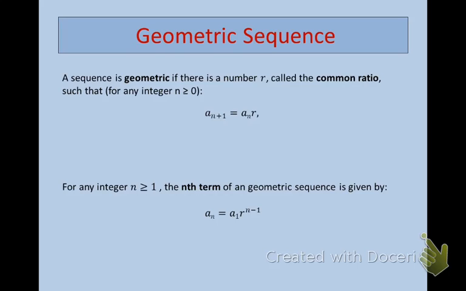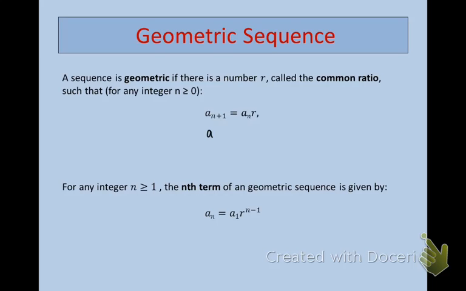So for the geometric sequence, this was the other one that we looked at, where there's multiplication to each term instead of addition. So the number that you're multiplying by is called the common ratio, and we label it by R. So whatever the number is that you keep on multiplying by, that's R. So recursively, we can write it like this, or what did I say would probably be the better way?